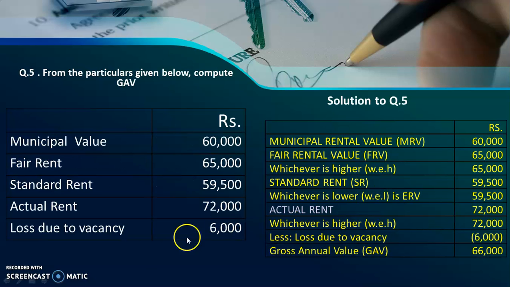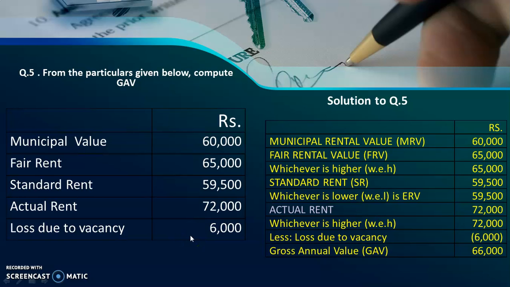See the next question. Municipal rental value, fair rental value, standard rental value, all three values are given. So we have to do a comparison. Actual rent is also given. The word actual rent is there. This will be the actual rent for 12 months. And there is additional information that loss due to vacancy is given.